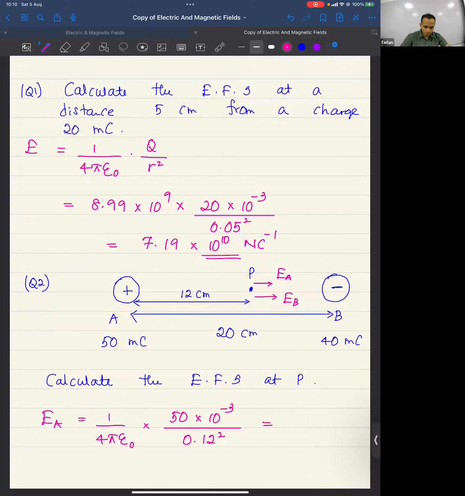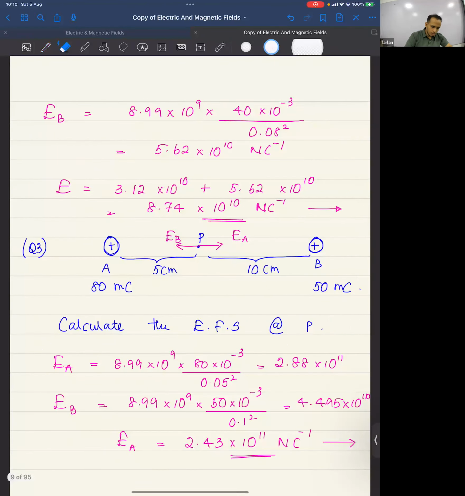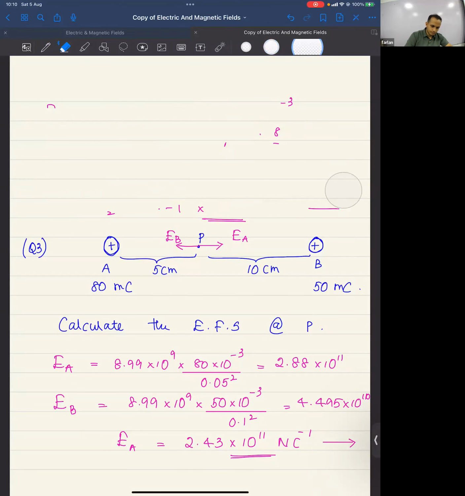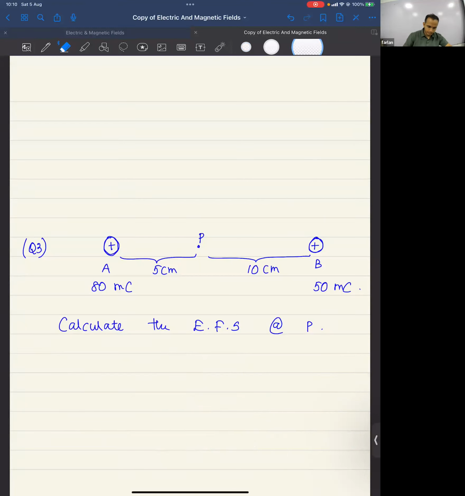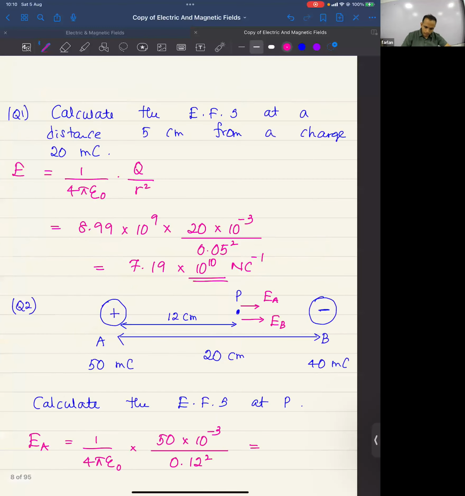Similarly, we can get the EB. EB will be 1 over 4 pi epsilon naught, Q over R square.